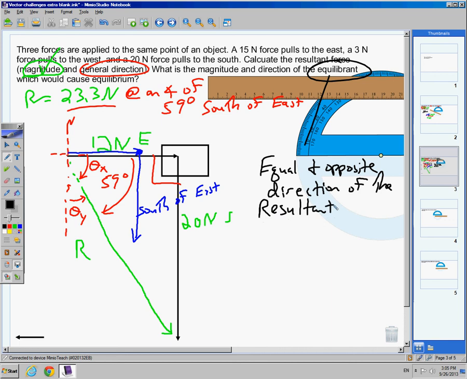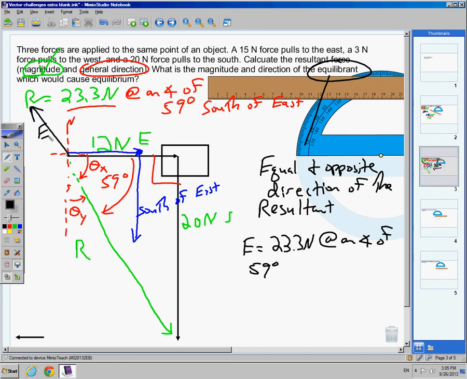So here we go. E for the equilibrant equals 23.3 newtons at an angle of 59 degrees.